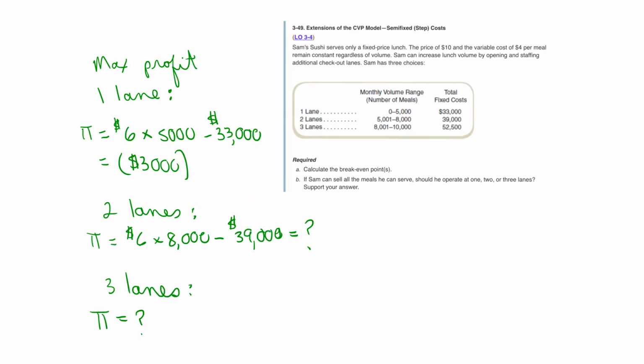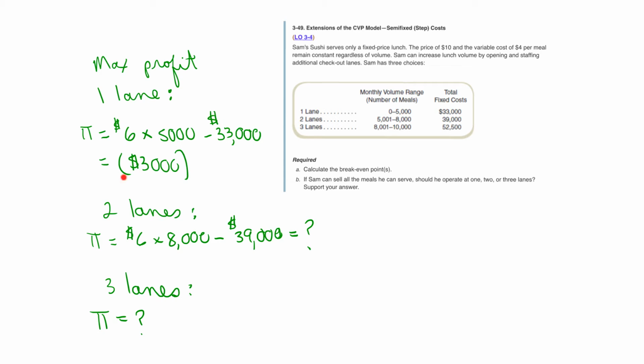Now in part B, they say use the maximum quantity for each of the number of lanes. So 5,000 for lane 1, 8,000 for lane 2, and 3,000 for lane 3, and then calculate the profit. Well, I'm going to use the formula that profit equals contribution margin times the number of units minus the fixed costs.